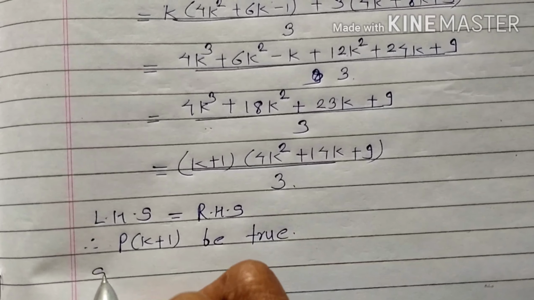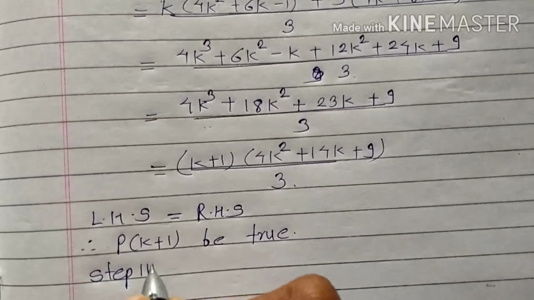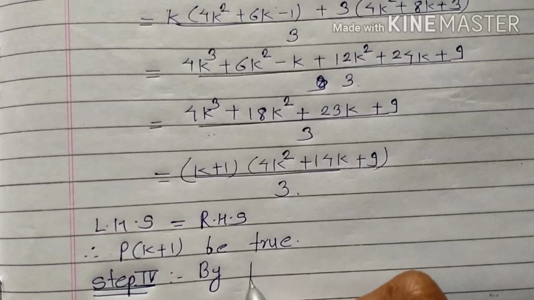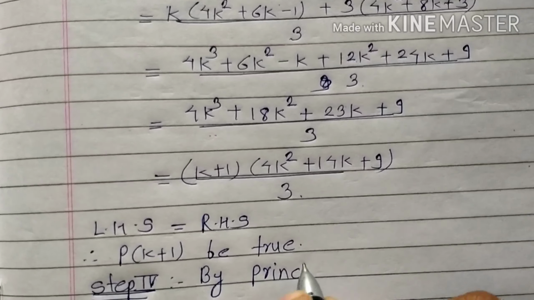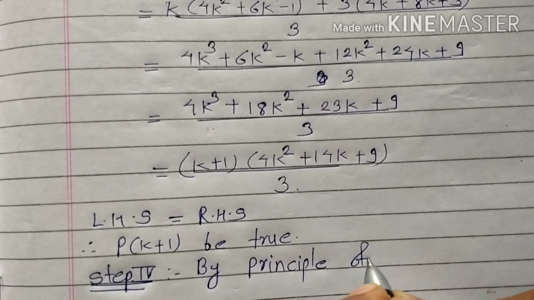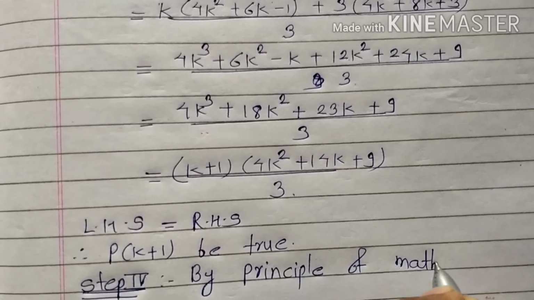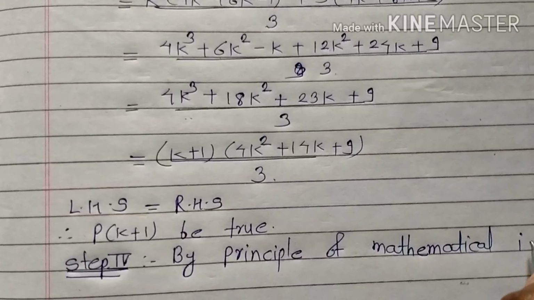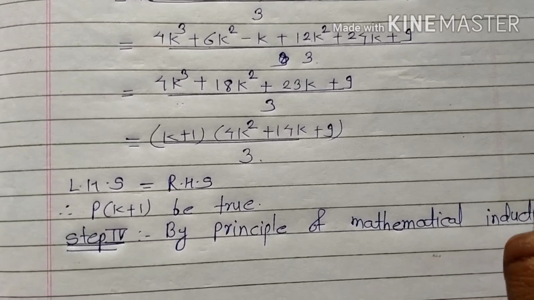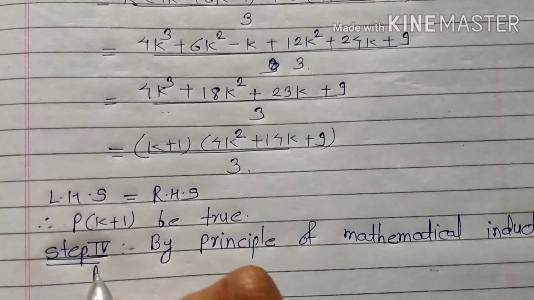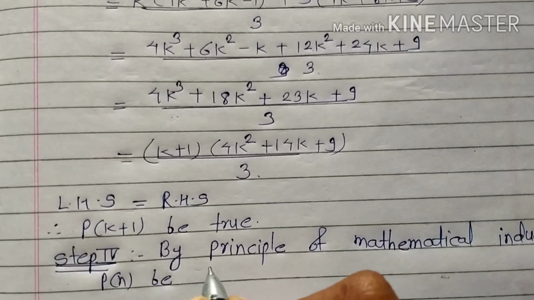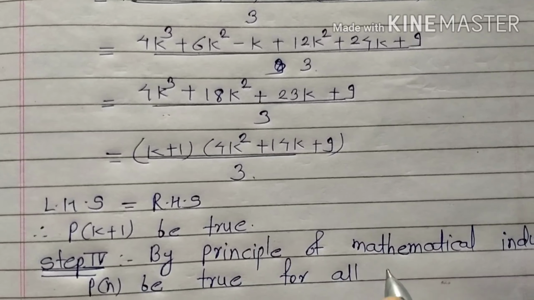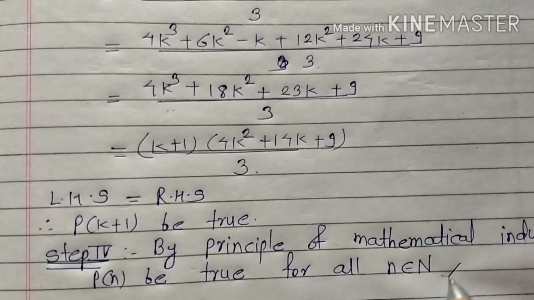Now in step 4th, so what is step 4? By the principle of mathematical induction, P of n is true for all n belongs to natural numbers.